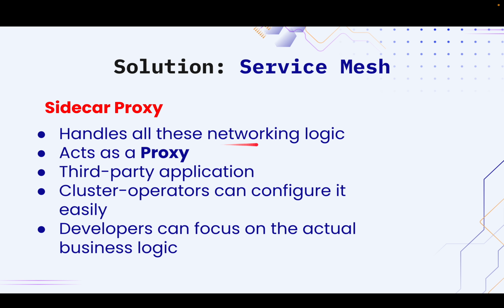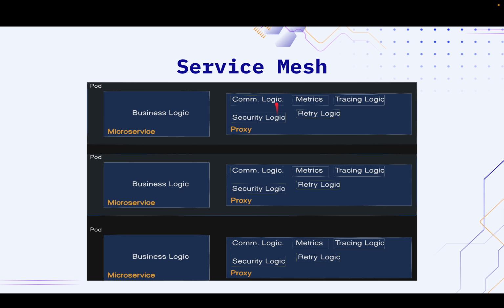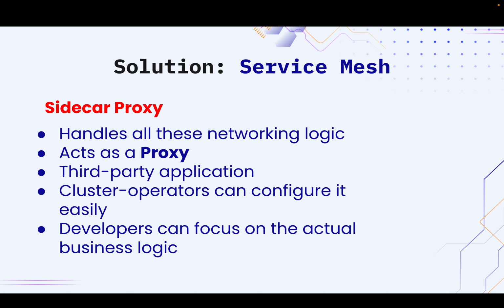It handles all this networking logic, and the good thing is that now the developers can focus on the actual business logic for developing the microservices, and they don't have to write all this communication or security logic in each of the microservices, because this is a redundant task, since we would need to repeat the same thing in all the microservices. So that's the solution.